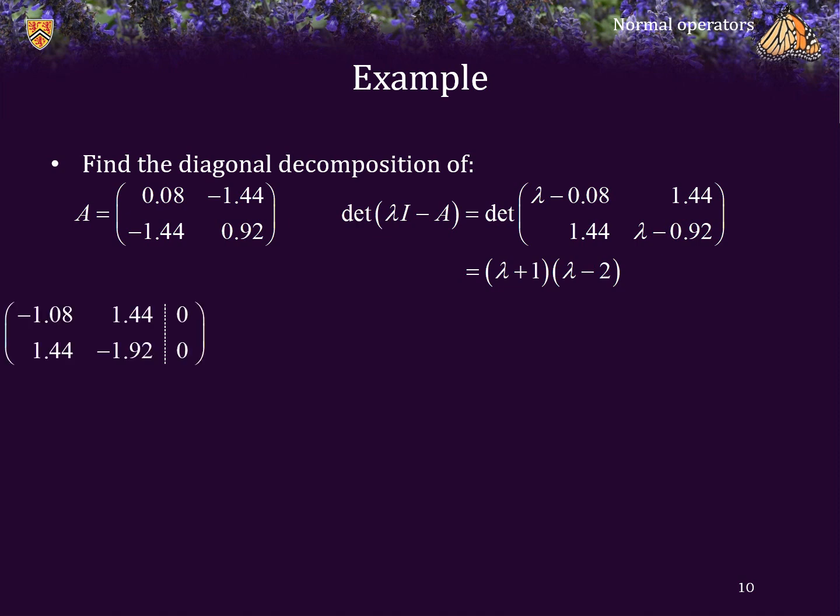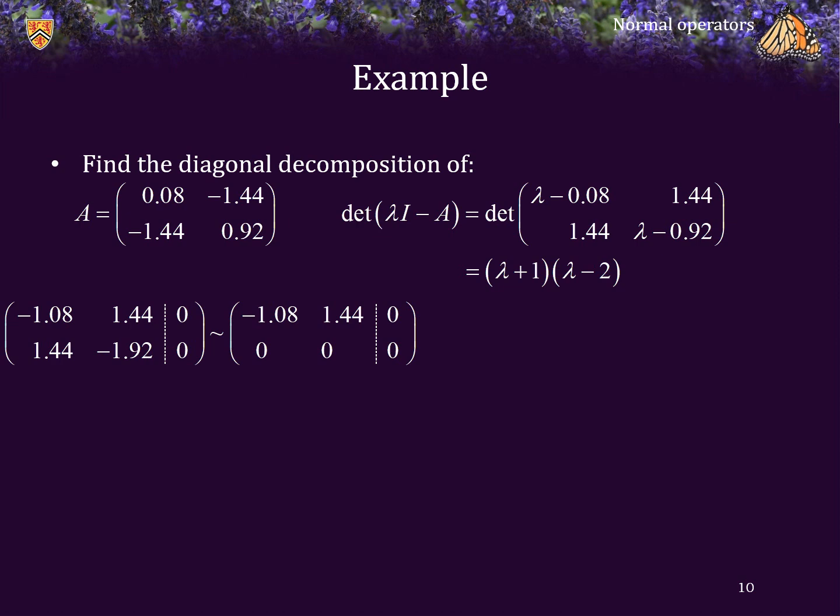All right, now to find the null space for lambda equals negative 1, I substitute lambda equals negative 1 into the matrix lambda I minus A. So negative I minus A is the matrix that we see here. Now we are looking for the null space, so we solve the homogeneous system of linear equations, and incidentally, the second row is indeed a scalar multiple of the first, and so this is row equivalent to this matrix here.